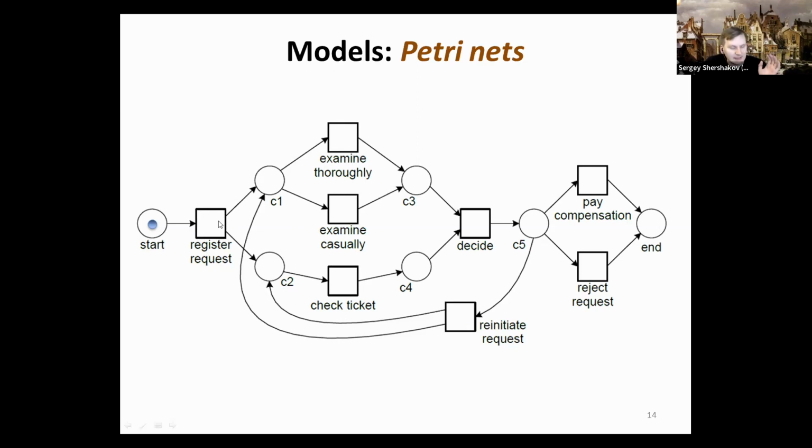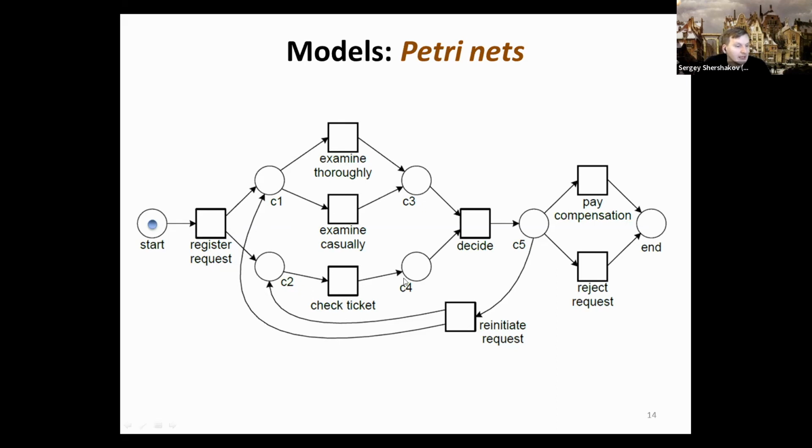This is a model representing dealing with some compensation handling or something like this. Before you start checking the ticket, you have to register a request for this compensation. It is shown by this model that before checking such a request, we simply can't go further.